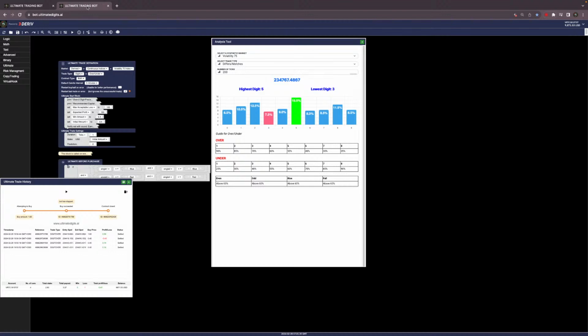If you are trading over digits or under digits and you want to know the least frequent digit in the market or the most frequent digit in the market, you can use this tick scanner tool here. It has a guide, so for under and over, you will see the highlighted percentages. You can use this one to handle quick duration.